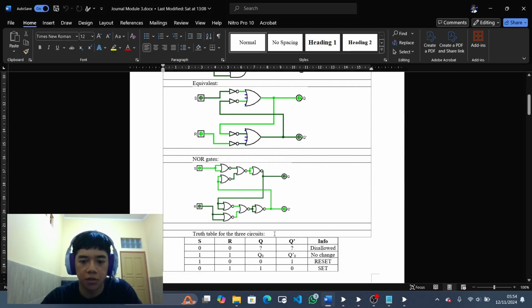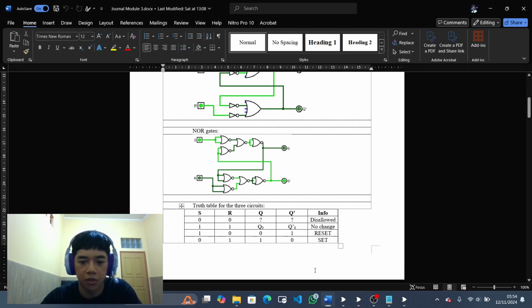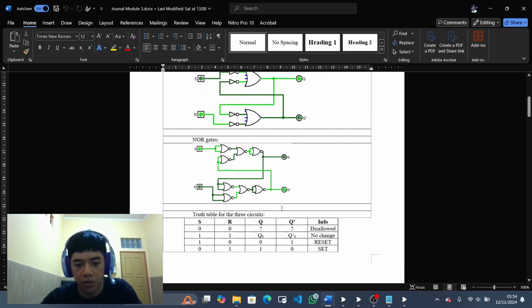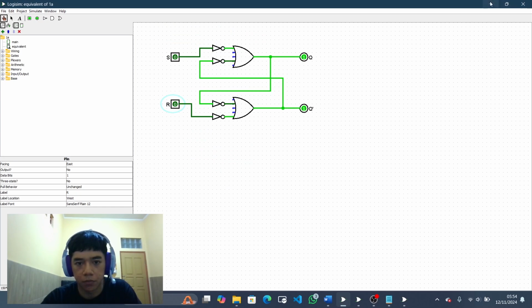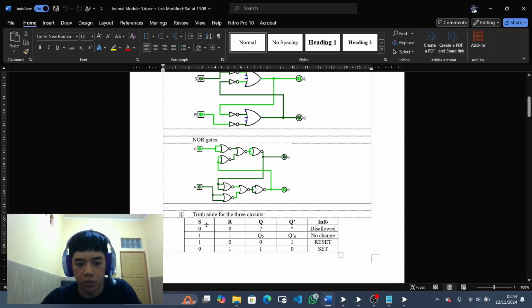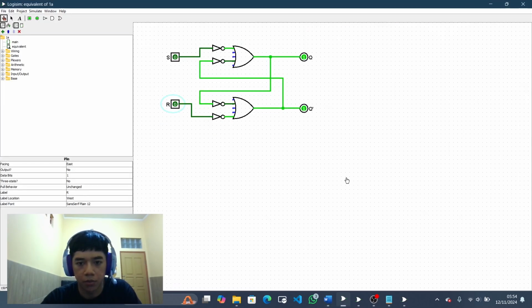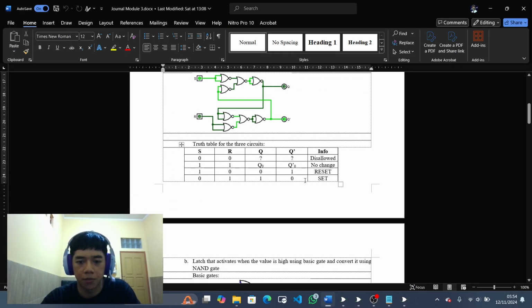Because you don't want to set and reset at the same time. So that's basically not allowed. Right here, both inputs are 0 and both outputs are 1, which is weird. Do you want to set or do you want to reset? Should be one at a time.